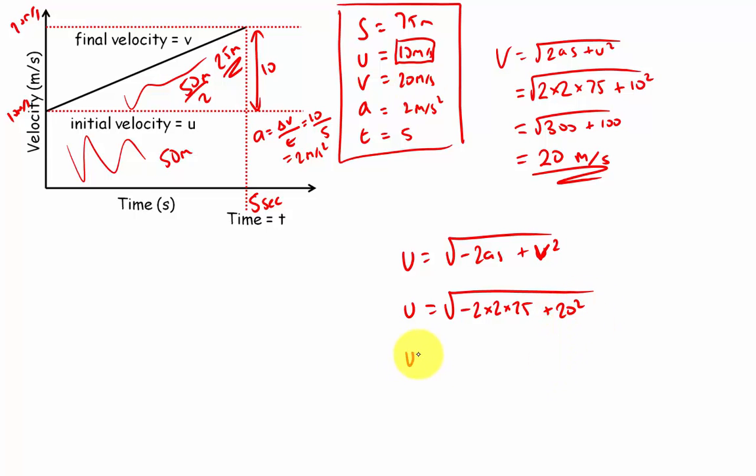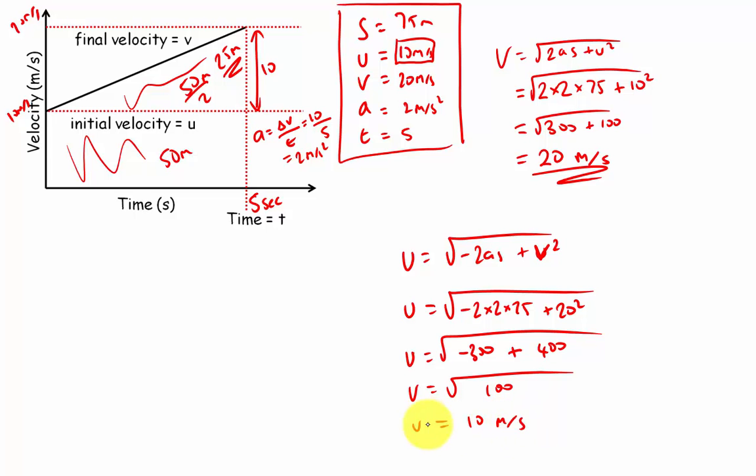So minus 2 times 2 is minus 4, times 75 is minus 300, plus 20 squared, which is 400. So we end up with minus 300 plus 400, the square root of 100. The square root of 100 is 10, and it's velocity, so it's meters per second. So the value for u came out as 10 meters per second, also agreeing with what we had previously.